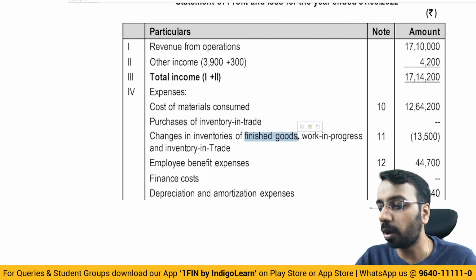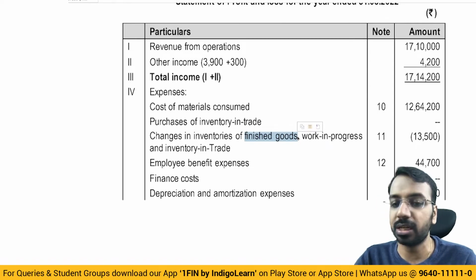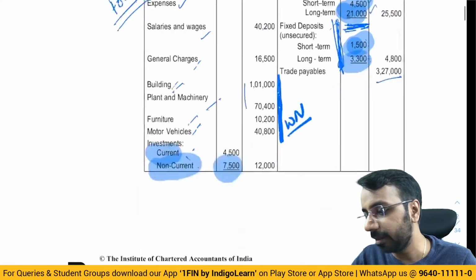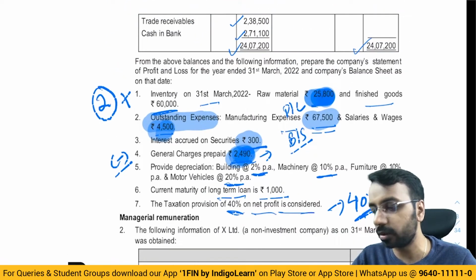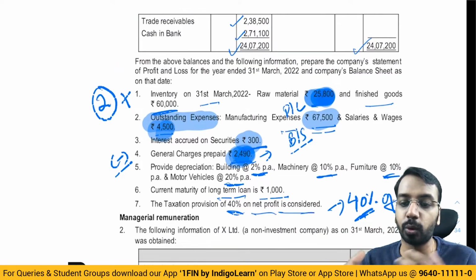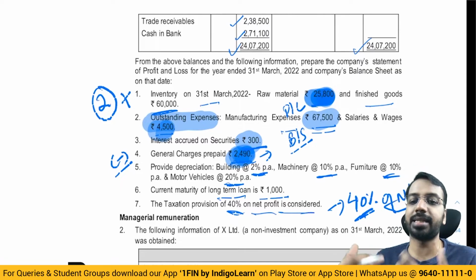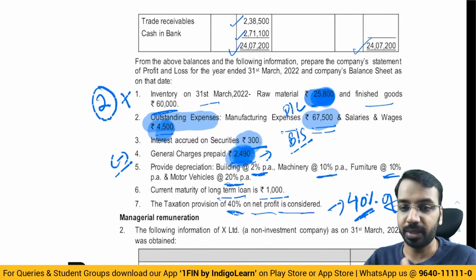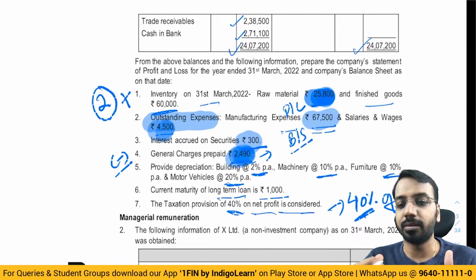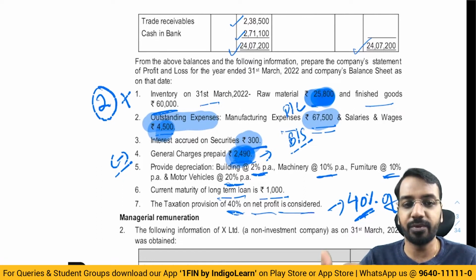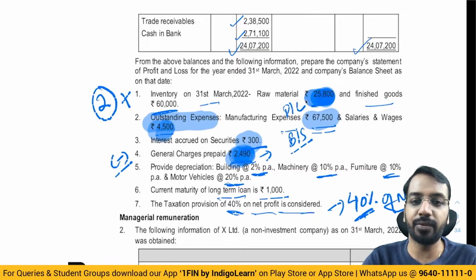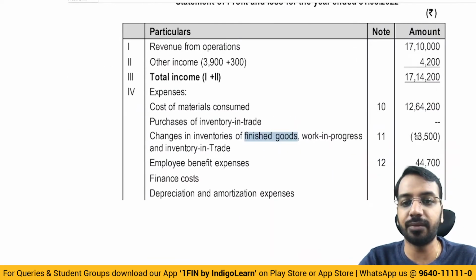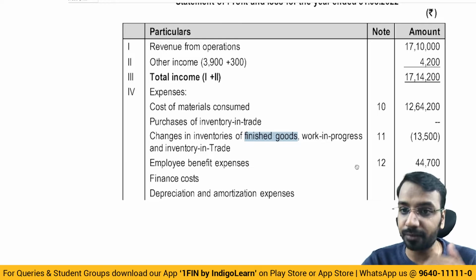So you have to see what is the opening balance of finished goods, which is given as 46,500 and closing balance is 60,000, right? So if the closing balance is higher, we will denote it as negative number because it is like an income. And under expenses, when you show income, when I say income, it is an increase in profit. When you show that, we have to show it as a negative balance, right? So that is where we have this changes in inventory as negative item, reduction from expense.